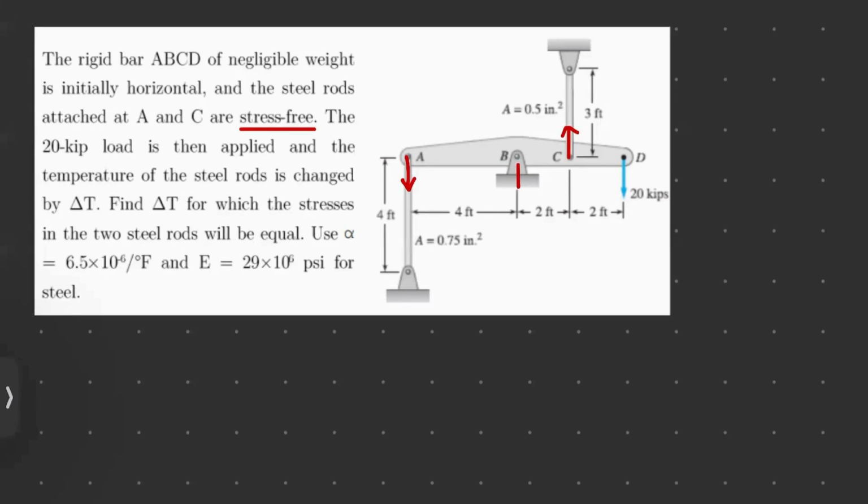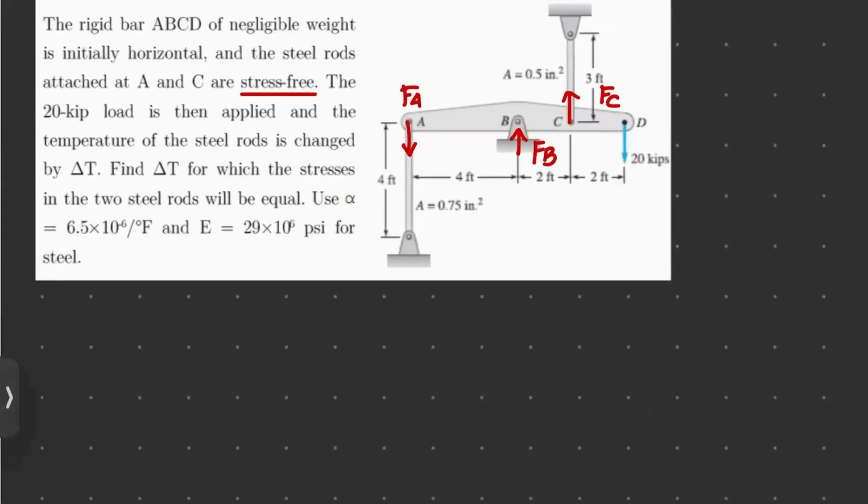Therefore, it's an upward force, which we can label as F sub B, while let's label the two forces from the steel rods as FA and FC. And lastly, we also have our 20 kip load.